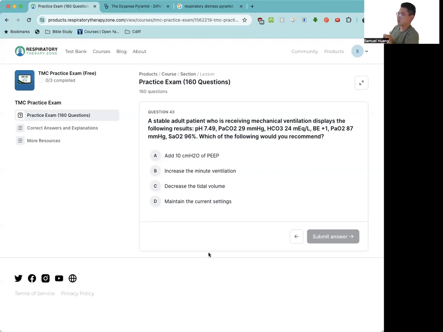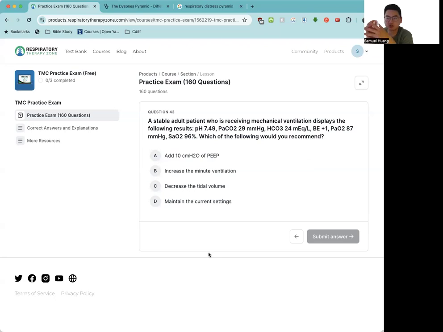Stable adult patient, mechanical ventilation. Looks like they're alkalotic. PCO2 is low. Maybe they were blowing off too quickly. The settings on the ventilator are the respiratory rate, tidal volume, FiO2, and PEEP.